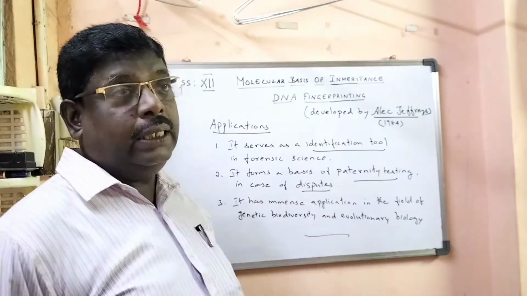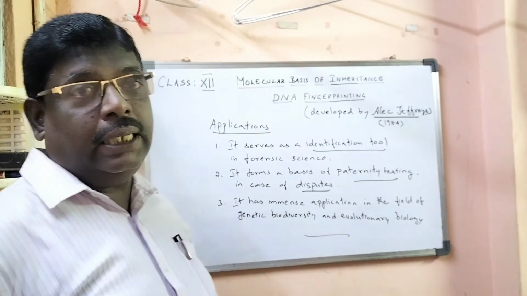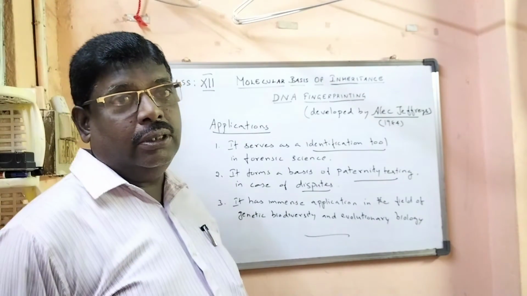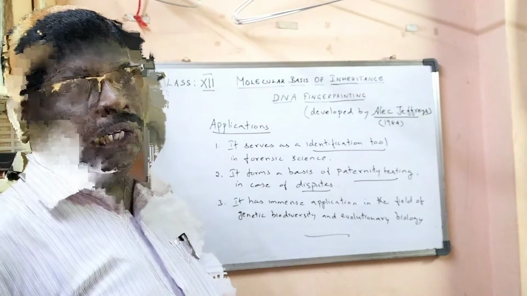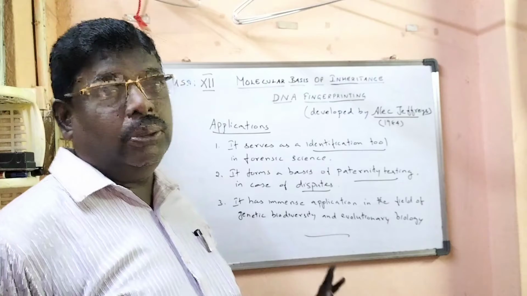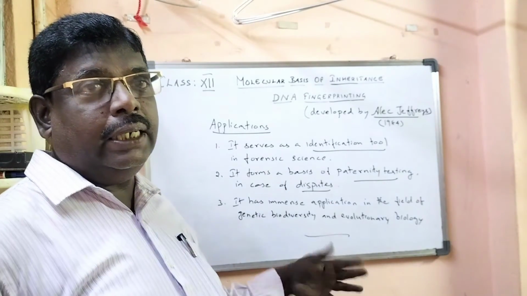Then it forms a basis of paternity testing in case of disputes. If there is any parental dispute, someone claiming that he or she is my child or something like that, those disputes can be solved by DNA fingerprinting, DNA matching.